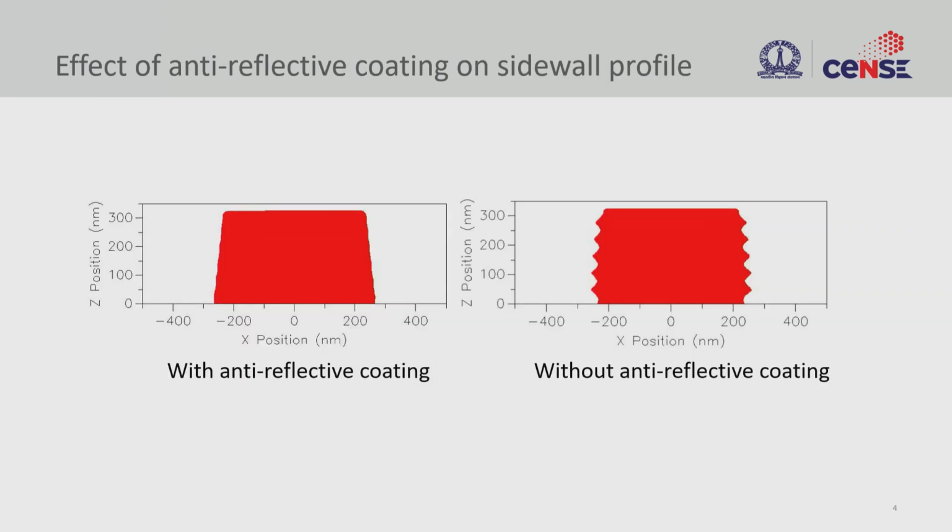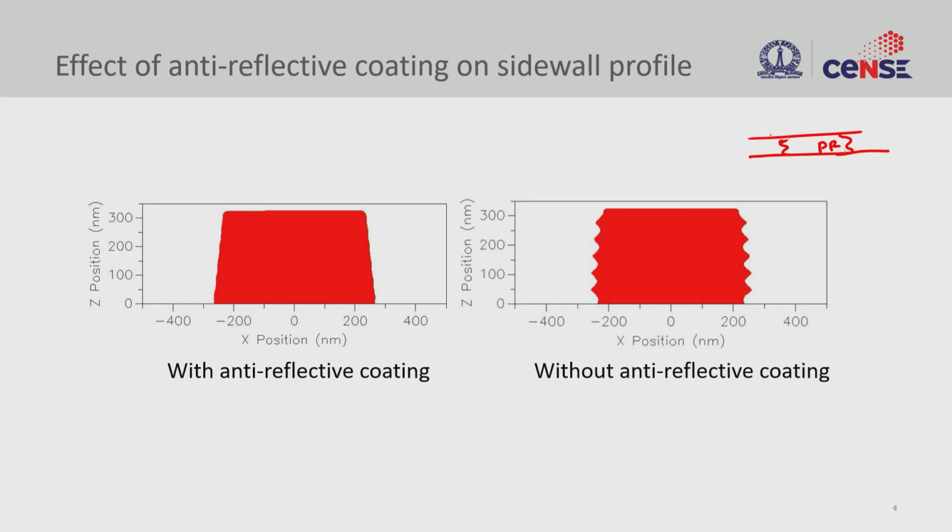And this is the result of such an anti-reflective coating. On the right side you see a photoresist coating without anti-reflective coating, and here because of the reflection you have these standing waves on left and right side, right, and then you create this wavy pattern, right.